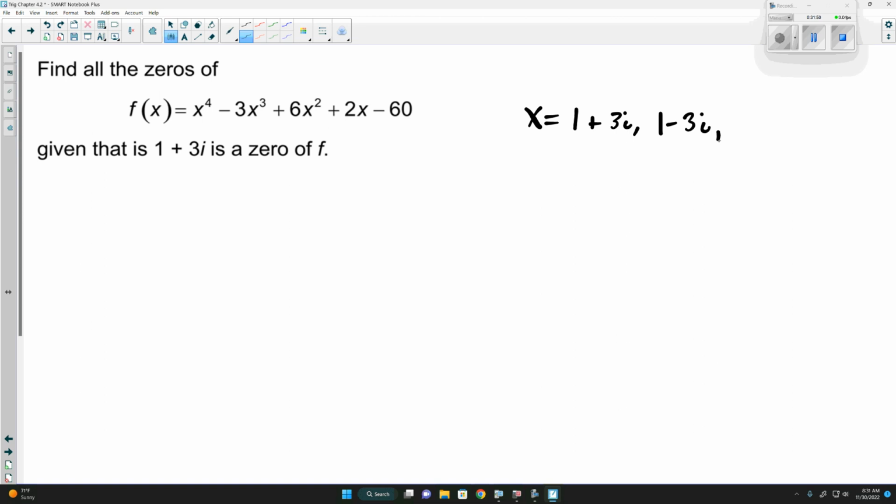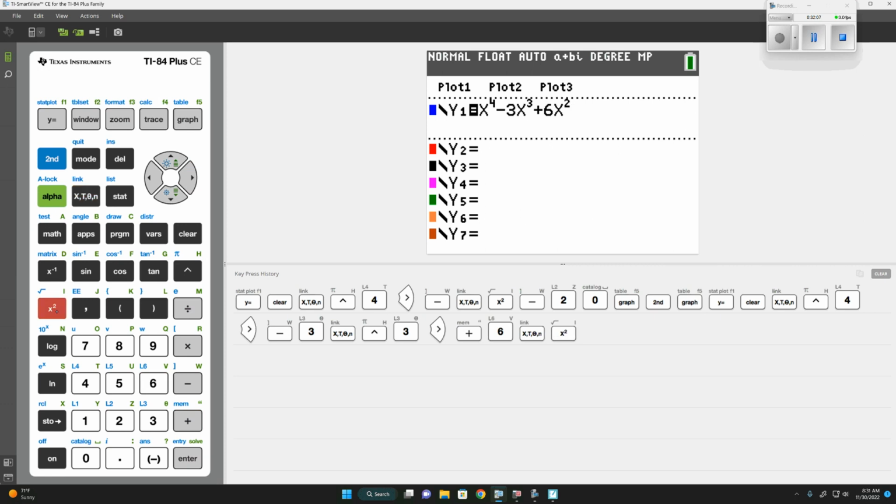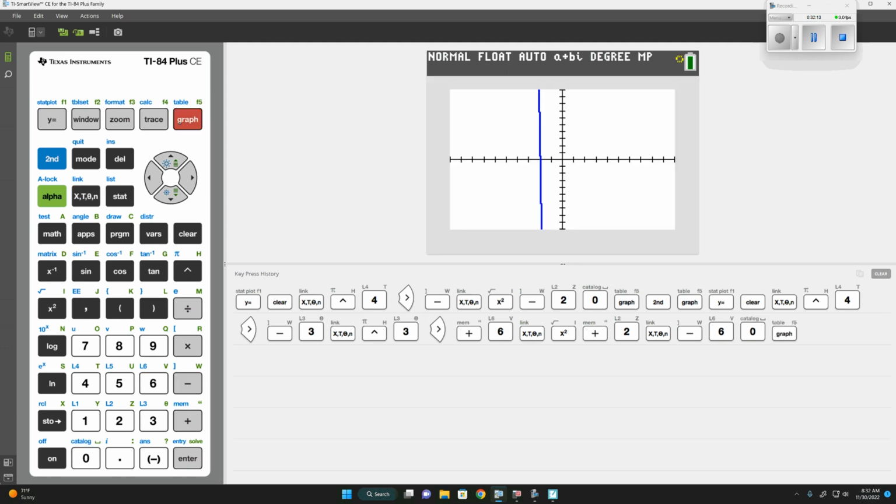When I first looked at this, we did it with the first one of our fourth degree. I went on and just typed it in: x to the fourth minus 3x to the third plus 6x squared plus 2x minus 60. And hit graph.